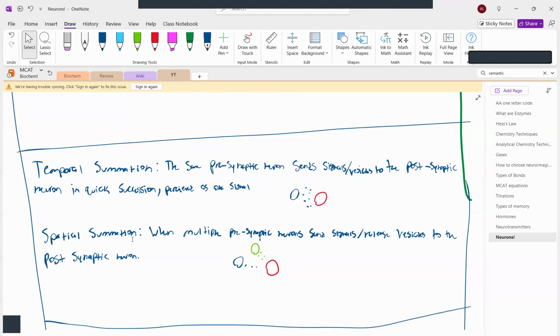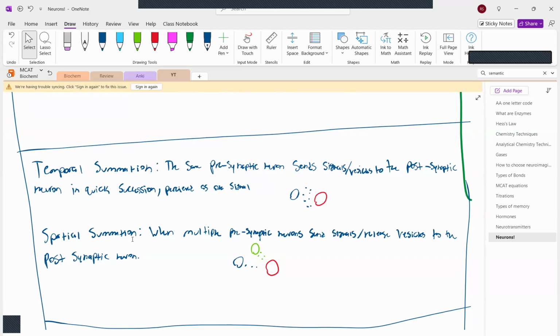So this can also result in a massive depolarization event, or temporal summation, or sorry, an inhibitory event. So it can send inhibitory signals, or the signals can cancel out since different neurons can send different signals.